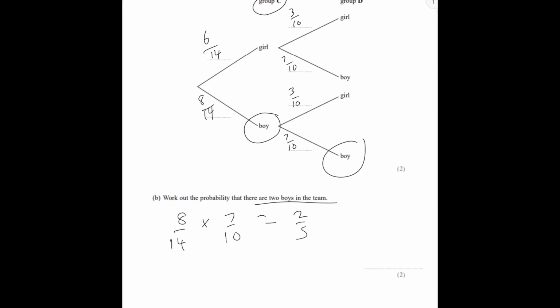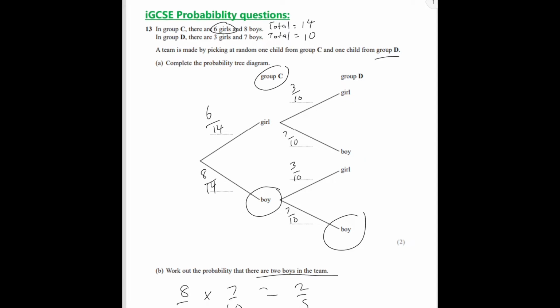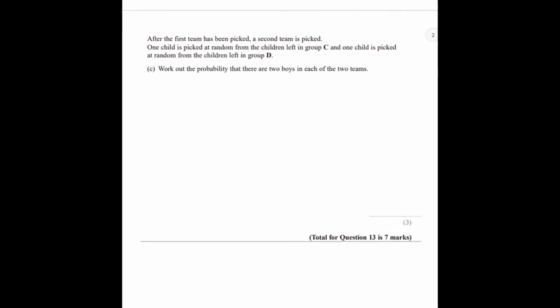Put it in your calculator and you should get 2 by 5. Just leave it as a fraction, don't do any decimal. There you go, 2 marks just for answering this probability question. Some questions look complex, but they're fairly easy once you understand them.